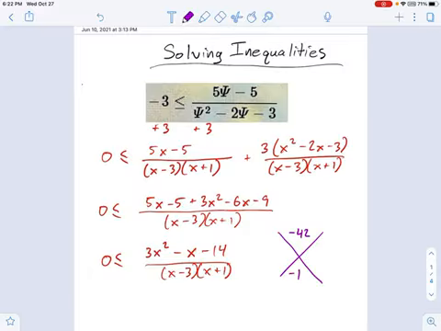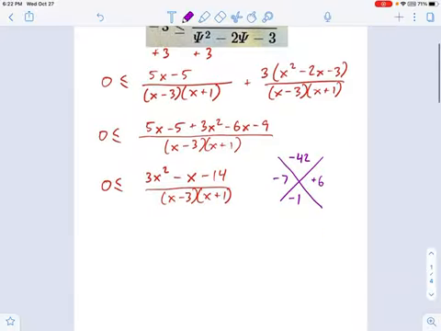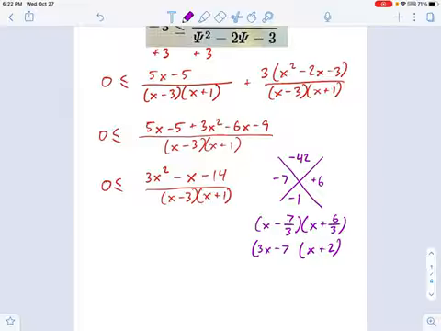So the numbers that I have to use here are negative 7 and positive 6. Now, when I factor this, it's going to be x minus 7 over 3, since 3 was the term in front of the x squared, and x plus 6 over 3. The x plus 6 over 3 simplifies. That's going to be x plus 2. But the one on the left does not simplify, so that's going to be 3x minus 7.